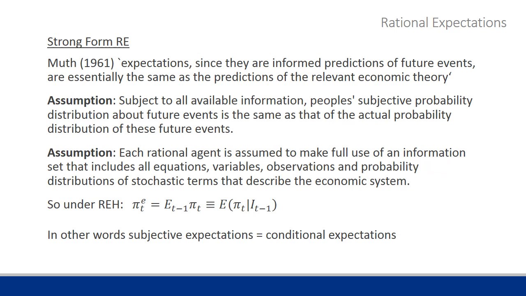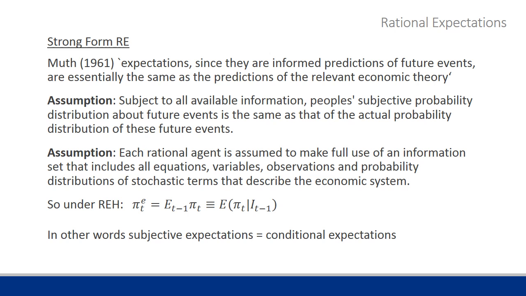If we go into detail of strong form RE, from Muth's paper in 1961, we can quote: expectations, since they are informed predictions of future events, are essentially the same as the predictions of the relevant economic theory. Since we are making predictions about the future, it's the same as the prediction that would come from good economic theory.